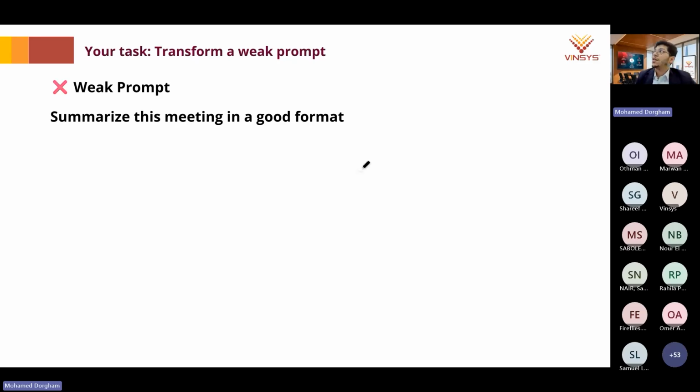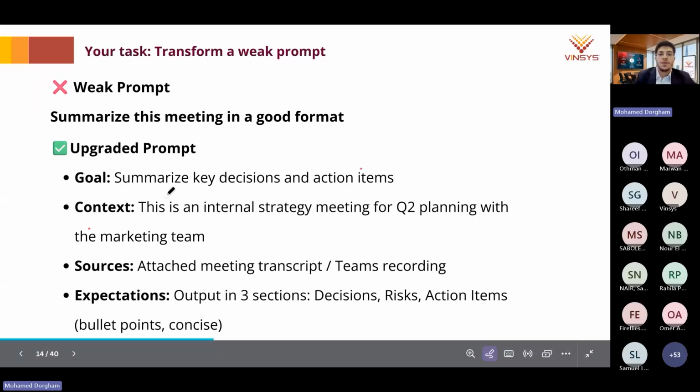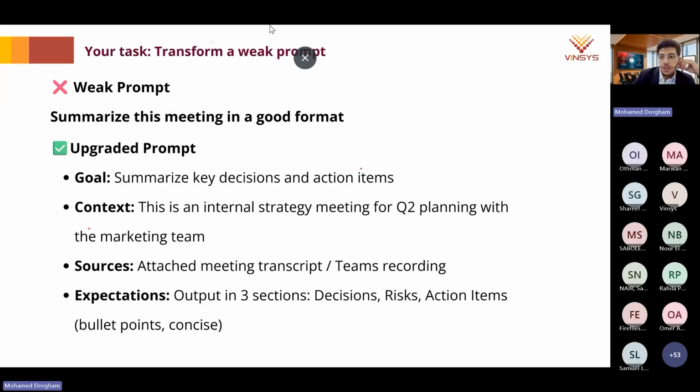So if we really want to see the right way of writing this prompt, it would be the following. The upgraded prompt for this weak prompt would be, of course, you would clearly mention what are the things to summarize, either to summarize the key decisions or summarize the action points.